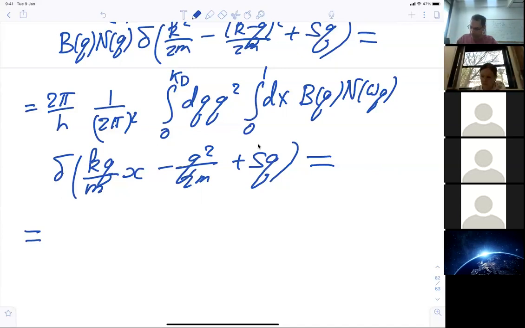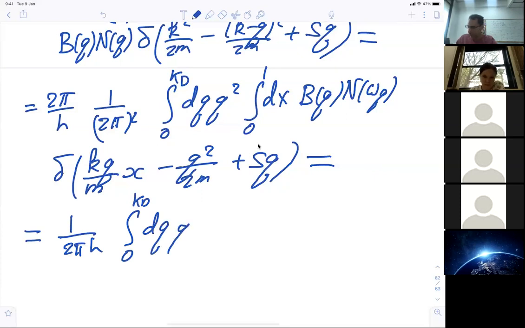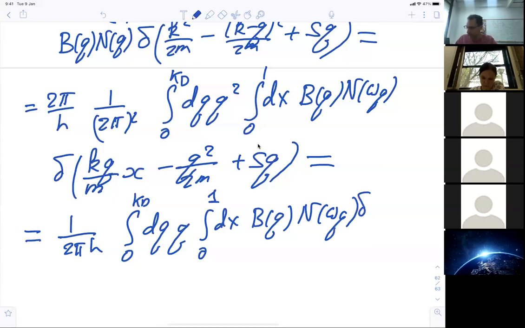I'm rewriting it as 1 over 2 pi h bar, integral from 0 to kD of dq times q, integral from 0 to 1 dx, b q, N of omega q, times the delta function of k over m x minus q over m plus s.